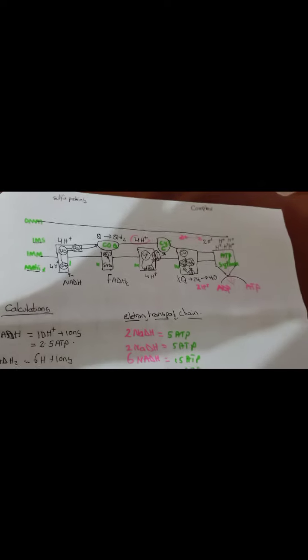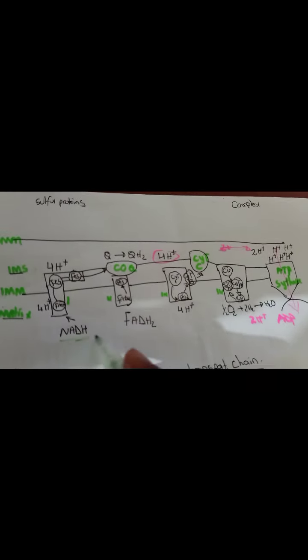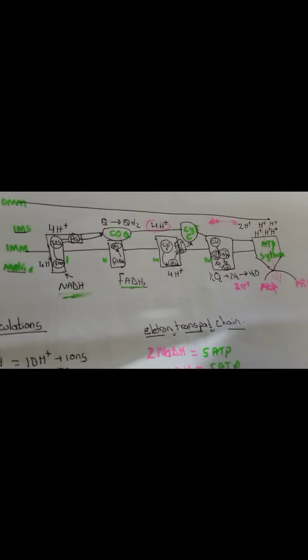and also the calculations. As we continue, this is our outermost membrane, intermembrane space, this is the inner membrane, and this is our matrix. We are going to continue on how we are going to produce ATP in a brief way. We shall have our NADH and FADH2, which are brought from the Krebs cycle, if you saw my last video on the Krebs cycle.